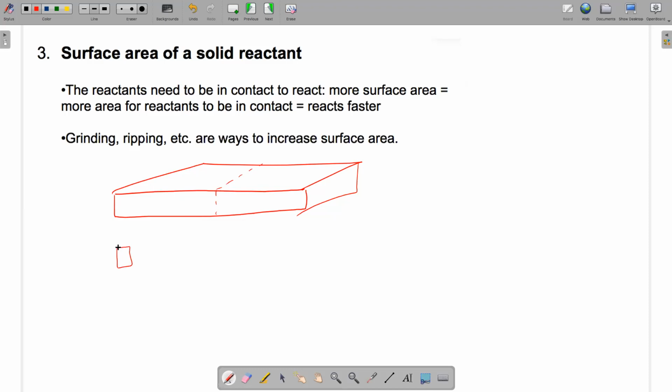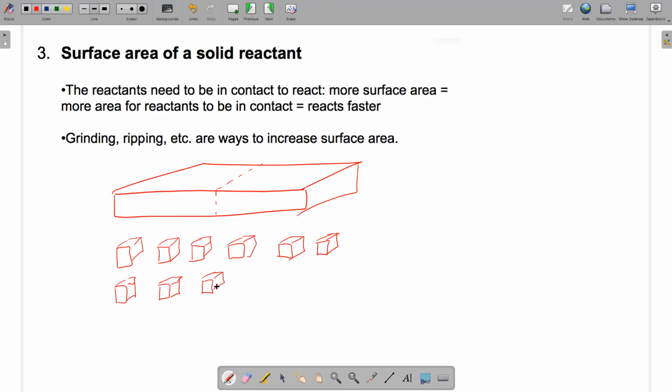But if we break this piece of copper up into lots and lots of pieces, and all those little pieces have surface area, the total surface area has increased dramatically. So a large surface area, by grinding, ripping, tearing, or cutting, makes the reaction rate go faster.